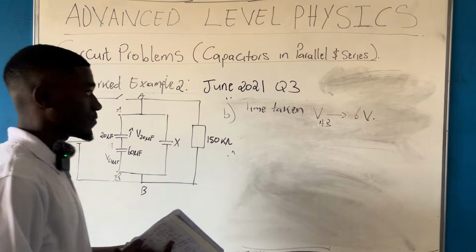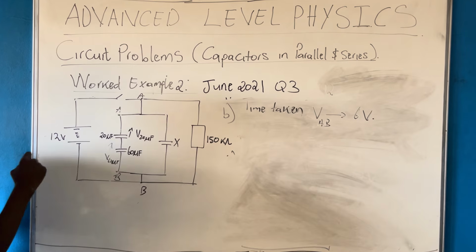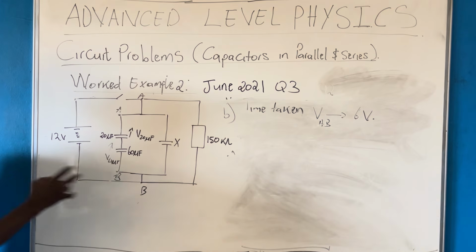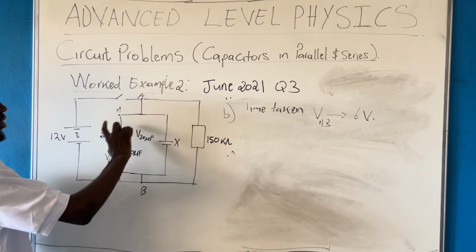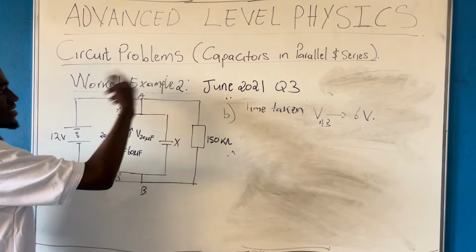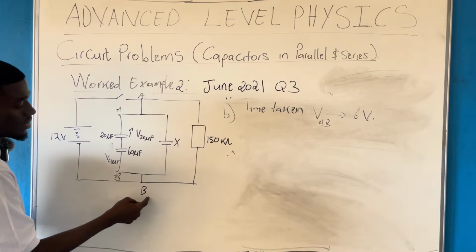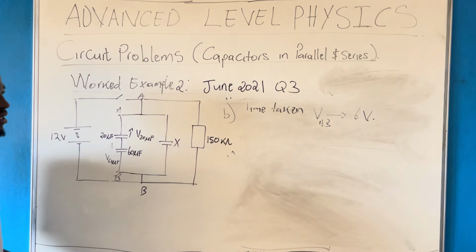It means that when I open the circuit here, the battery is no more supplying the resistor and the capacitors. So we are not having a charging circuit again, we are having a discharging circuit. These capacitors, the total capacitance across AB, are discharging across the 150 kiloohms resistor.